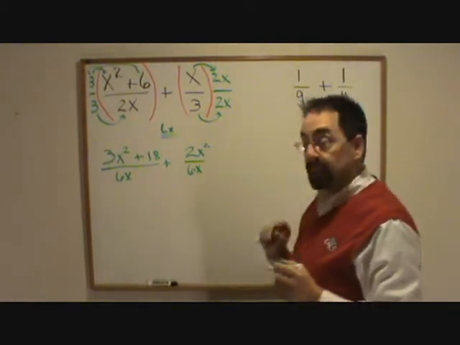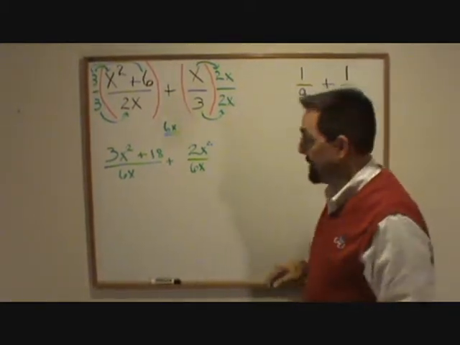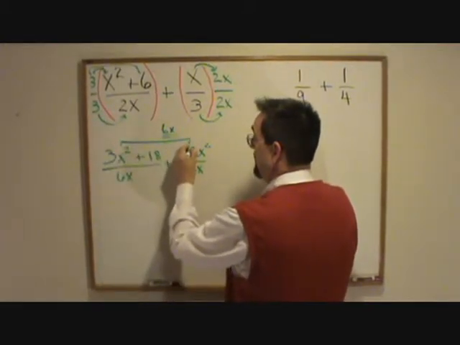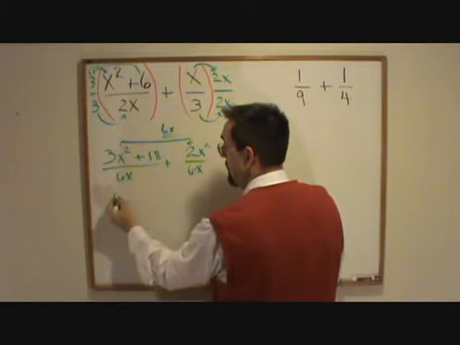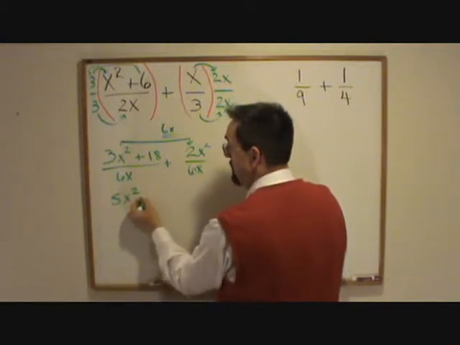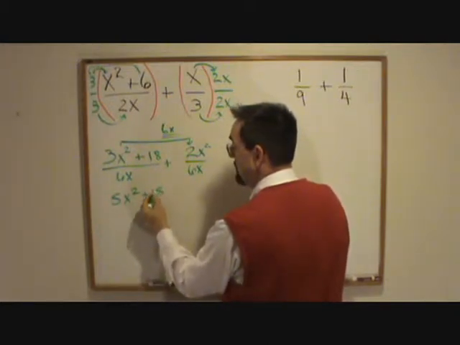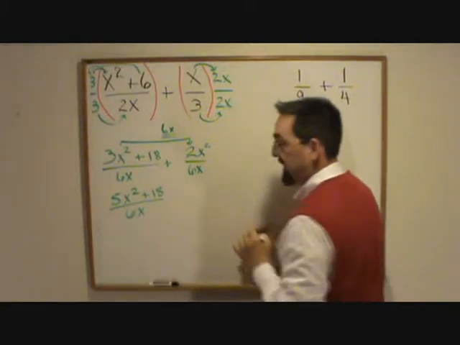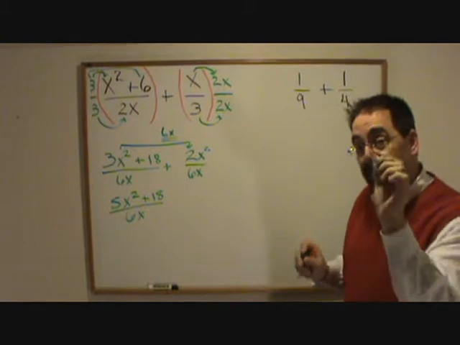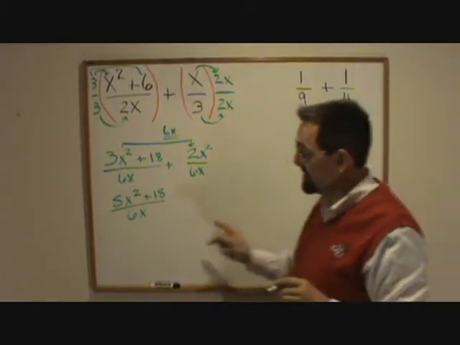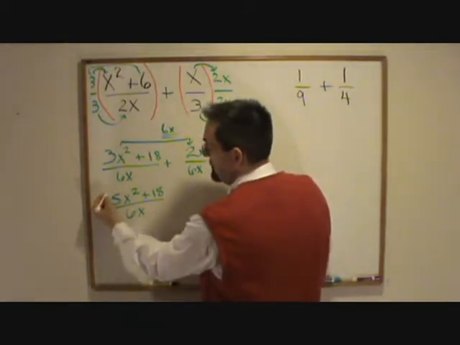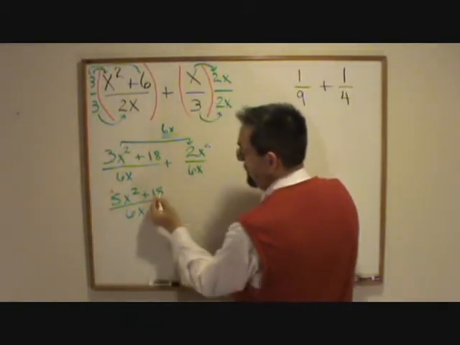Now we have the same denominator, so we can add the two fractions. Adding them together, we have like terms: 5x squared plus 18 all over 6x. Now it said to simplify, so let's check and see if there's anything else we can do here. The factors of 5 are 1 times 5.